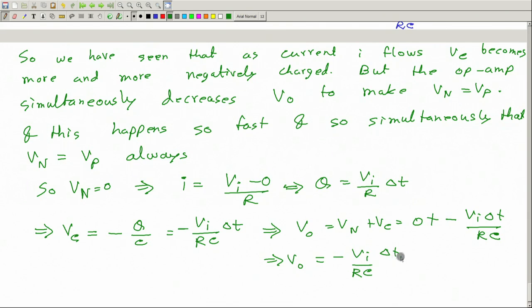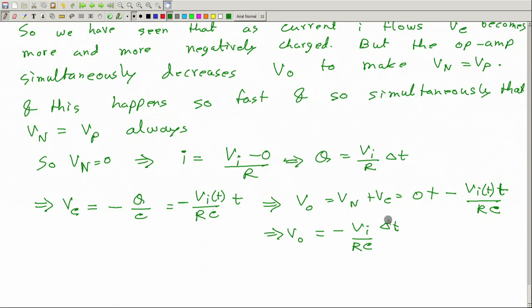And then this is true for any t. Actually, this is true for any t, not just small delta t. This is because Vn is always 0. As long as I keep this Vi constant, I can write it like this. Even if Vi is changing, actually, I can write this. You just think of it a bit. Only if you think, then only the picture will be clear.